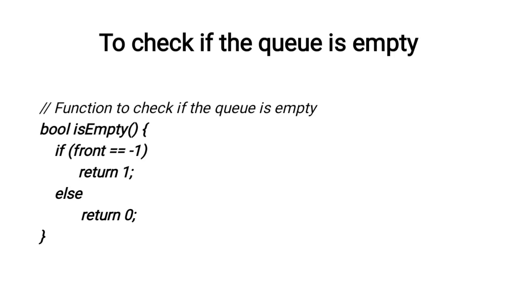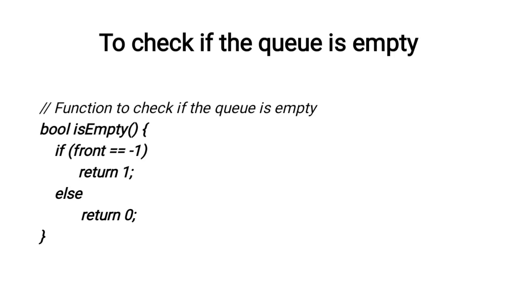So let's understand inside the function how it will be like. If the value of front is equal to -1, it means that it will return 1, meaning that it will return true. Why true? It is true that the queue is empty. True represents that the queue is empty.